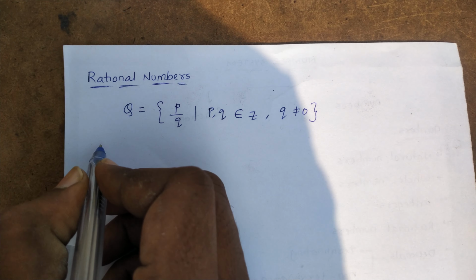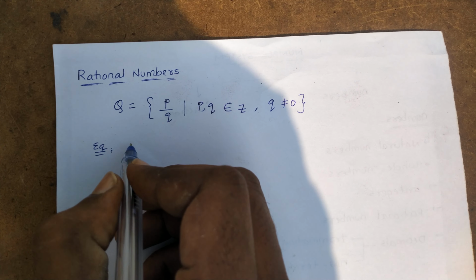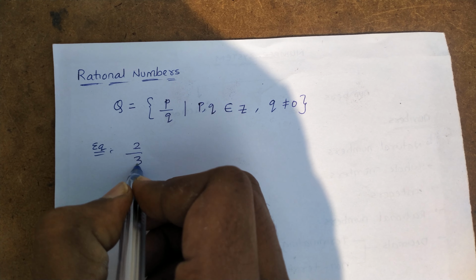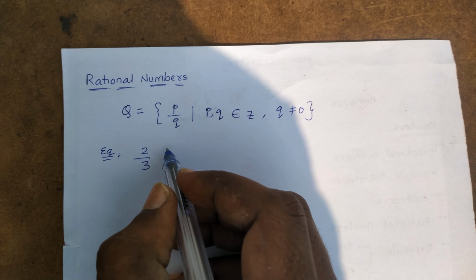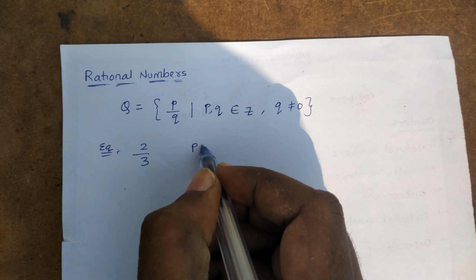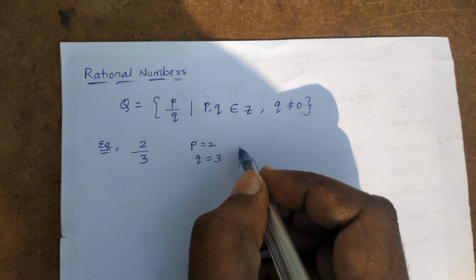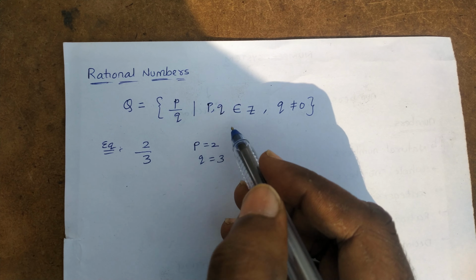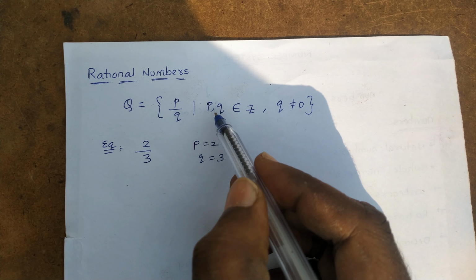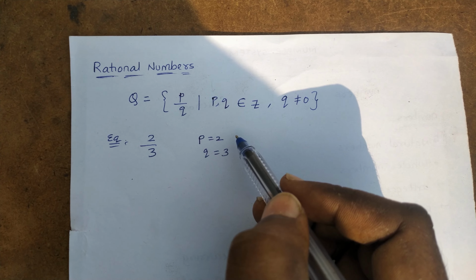Example, suppose you take 2 by 3. Here p value is 2, q value is 3. Now p by q means 2 by 3. Now you can see p comma q belongs to integers. Is 2 an integer or not?